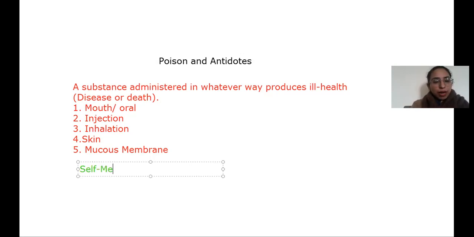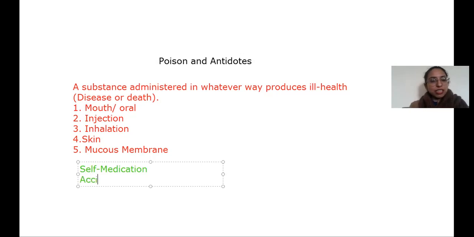Okay, what do you mean by self-medication? For example, if a person suffers from any disease, if you have fever, fine, what do you take? Everyone knows we are supposed to take Dolo, but if we take an excess dose of Dolo, that can result in poisoning of the PCM. Fine, that is an example of self-medication.